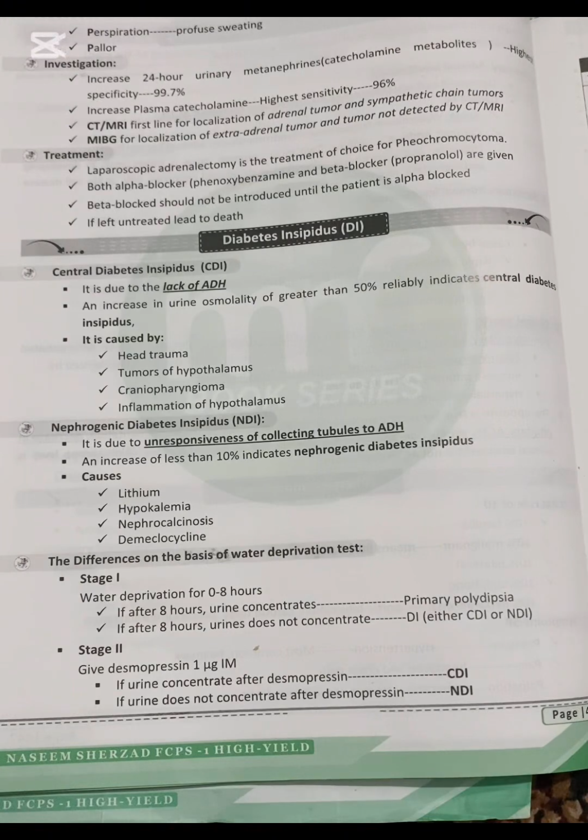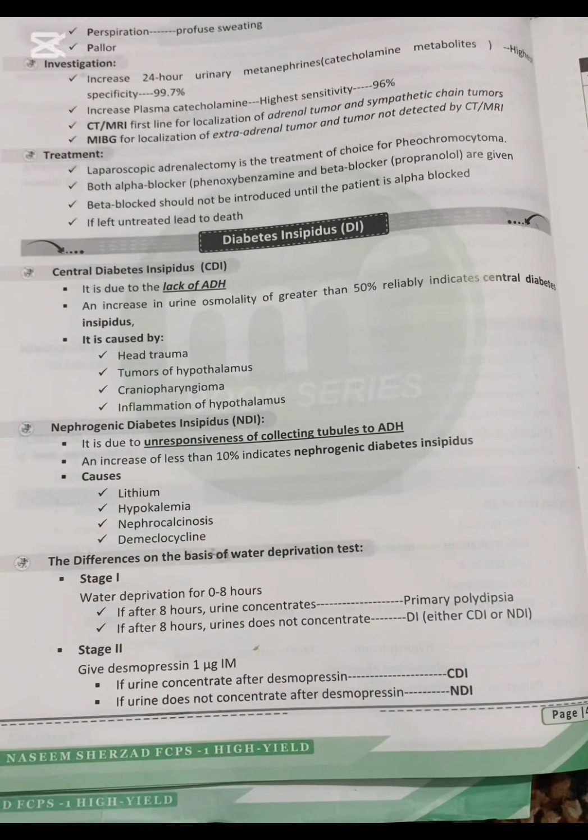So a beta blocker should not be introduced until the patient is alpha blocked. That's why I'm saying 2 weeks before the surgical procedure you give the alpha blocker, and after that, during surgery, go for the beta blocker. And as I said, it's a life-threatening condition, it can lead to death. That's why it is a surgical disease, not a medical disease, and it should be removed as soon as possible.